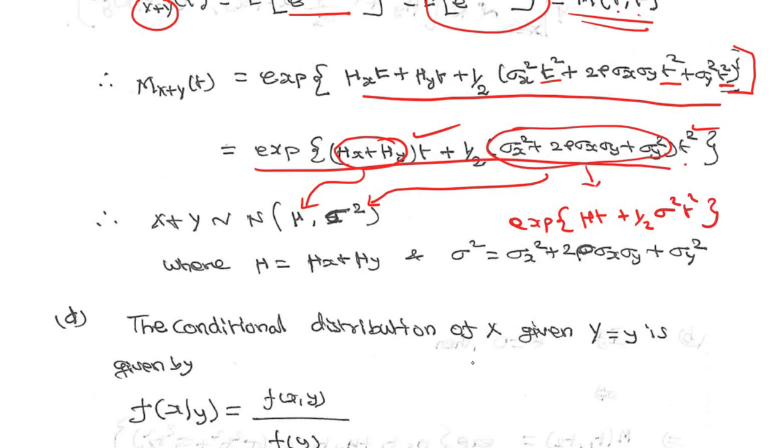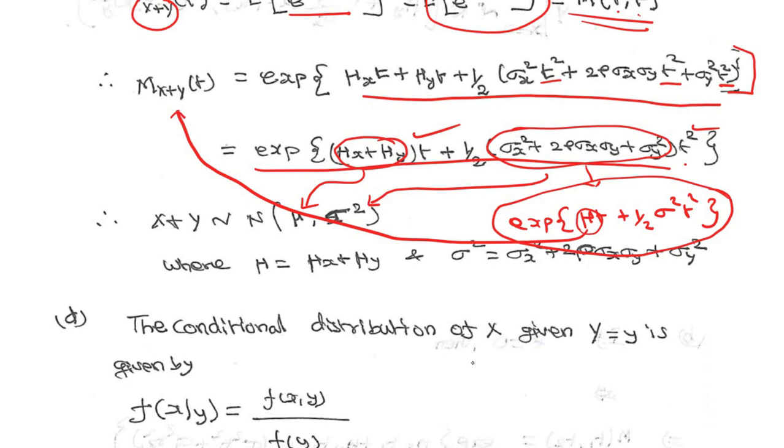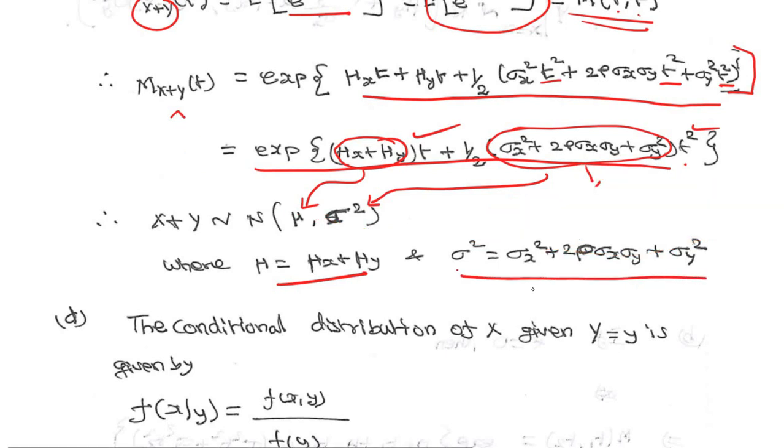Actually this is the moment generating function of one variable that you have. So therefore, what we concluded, the mu value for our variable X plus Y is nothing but mu x plus mu y, and the variance value of our variable is sigma square equal to sigma x square plus 2 rho into sigma x sigma y plus sigma y square.